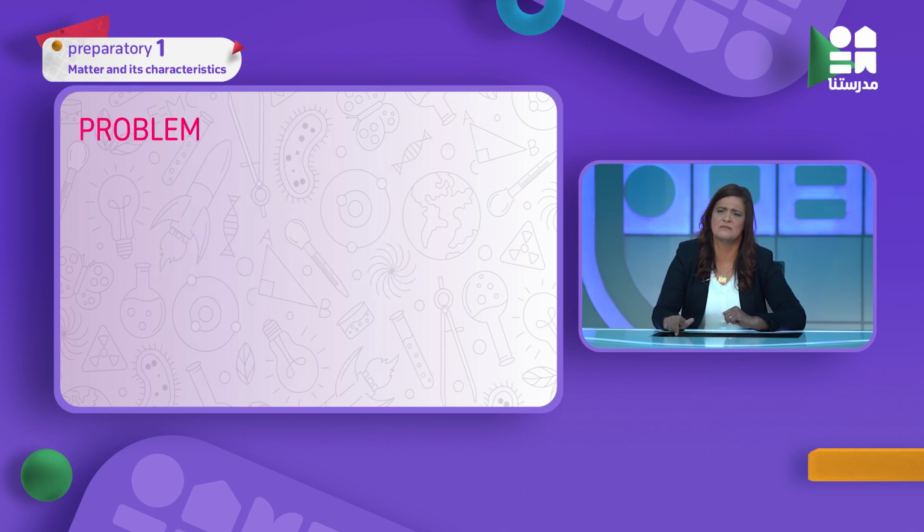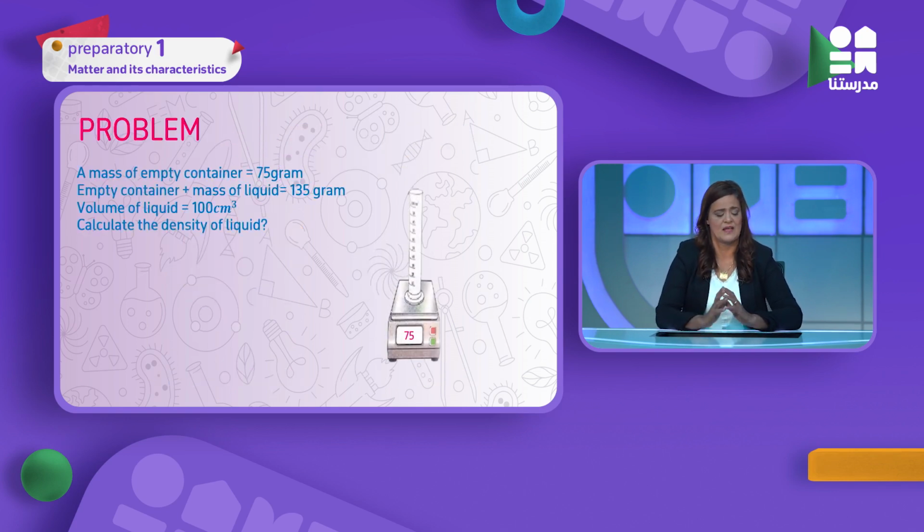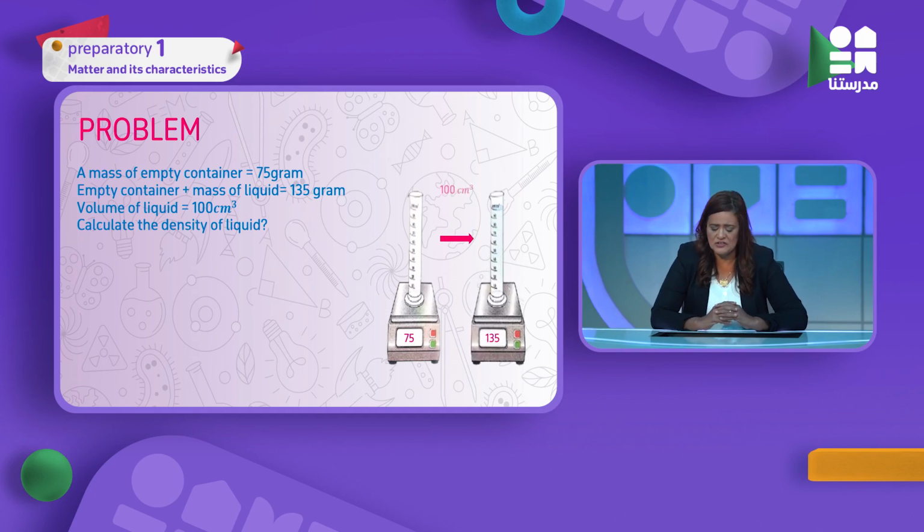طيب, problem. تعالوا نشوف كده. A mass of empty container. Here we have a container. The empty container 75. And here we have measuring cylinder.